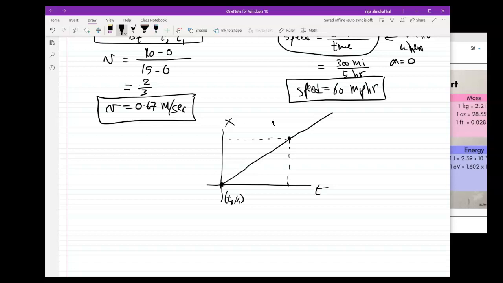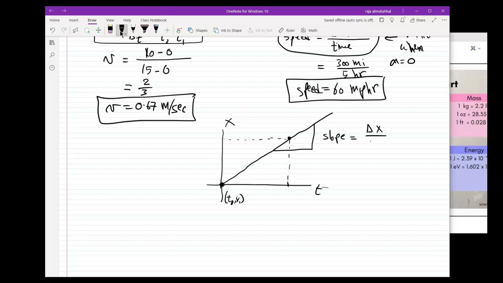If you remember the slope of the line, how do I find the slope of the line? The slope, as you know, is equal to what? Remember delta y over delta x. So I'm going to apply it to ours here.